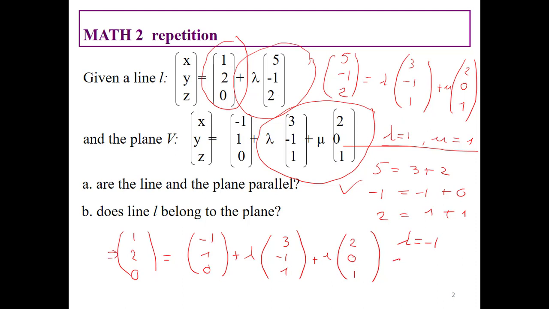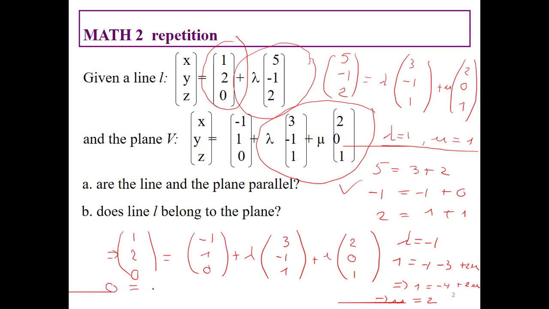The x coordinate: 1 equals -3 plus 2 mu. So that means 1 is -4 plus 2 mu, which would give us mu being 2. Then we only have to check it in the last one. So is the z also correct?